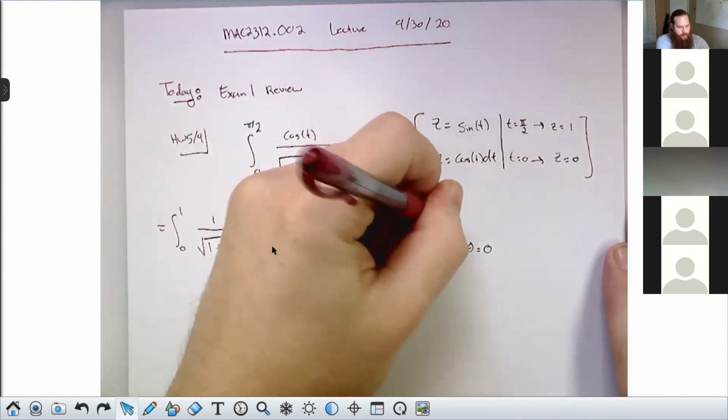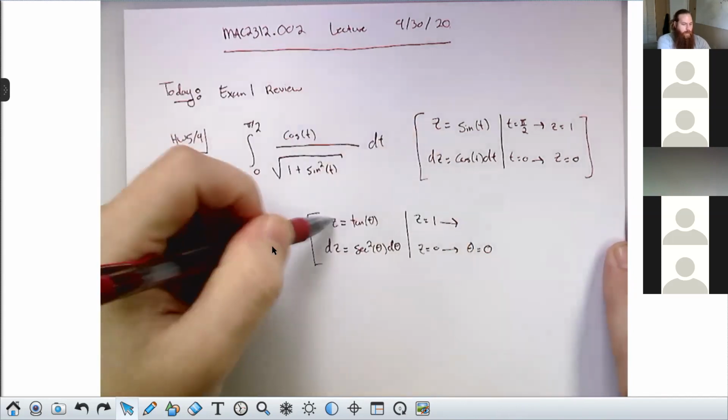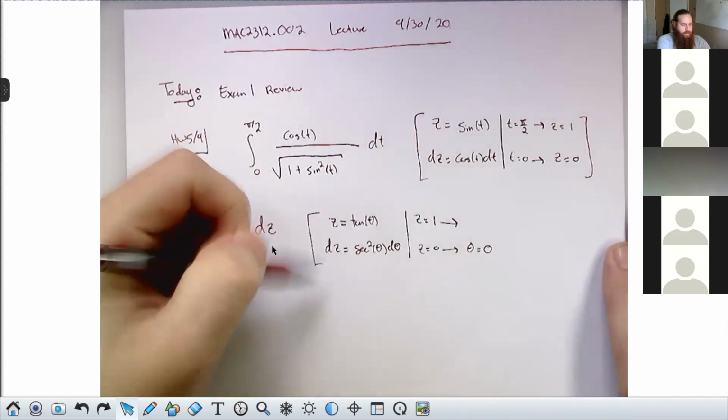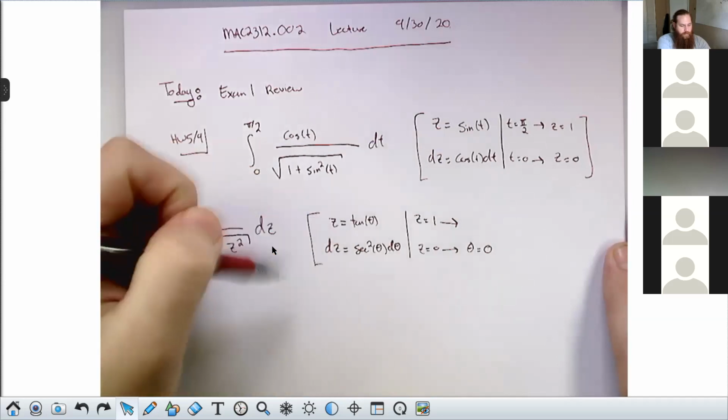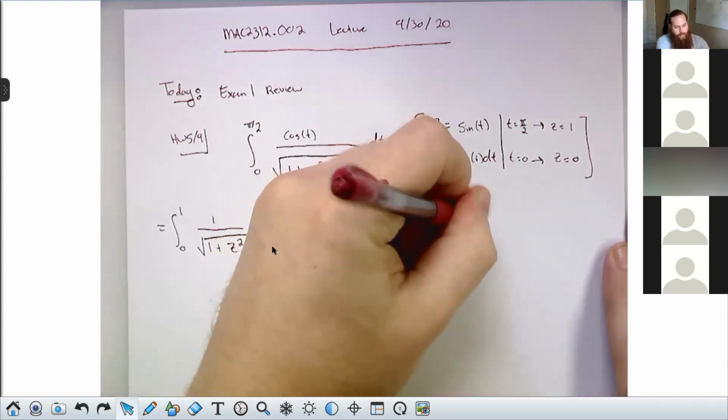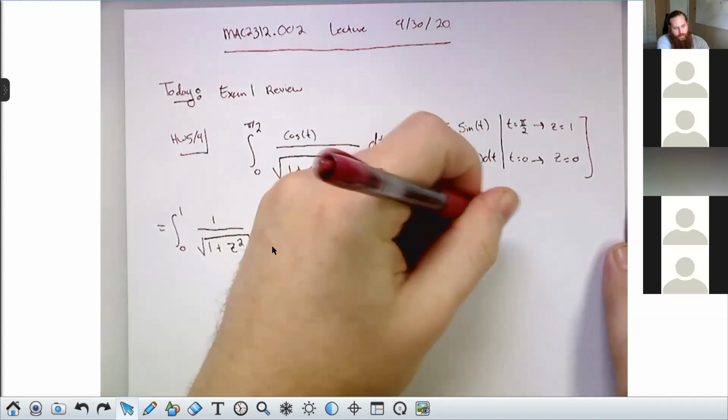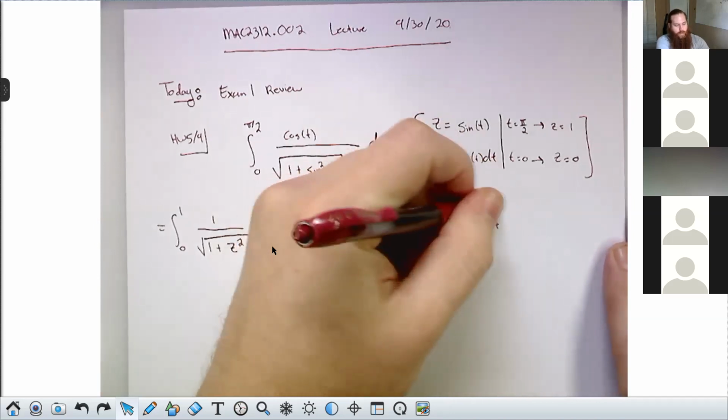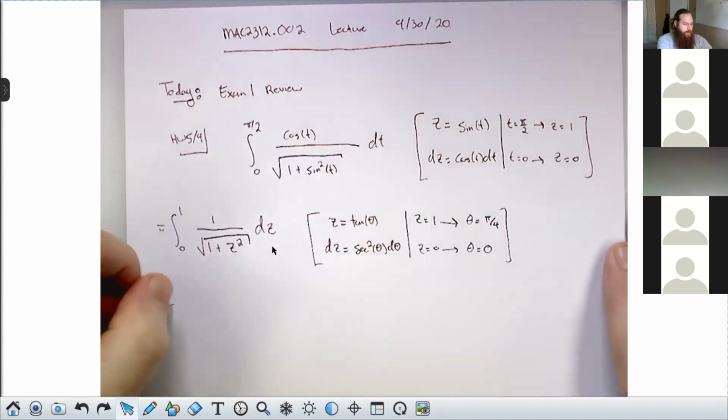When z is equal to 1, I have here 1 equals tan theta. So theta would be the inverse tangent of 1. The inverse tangent of 1 is pi over 4. So my new integral will run from 0 to pi over 4.